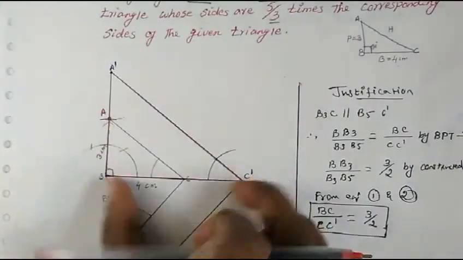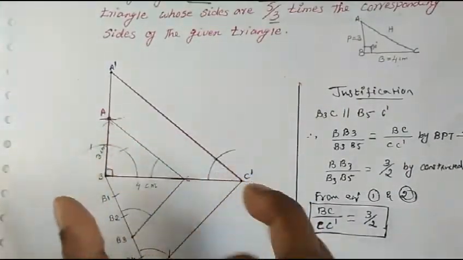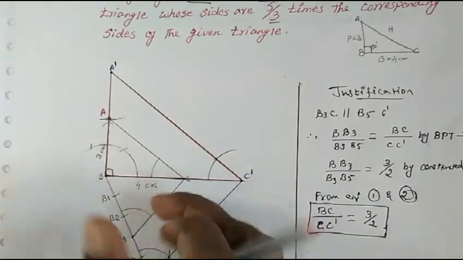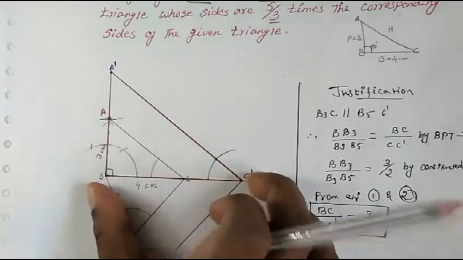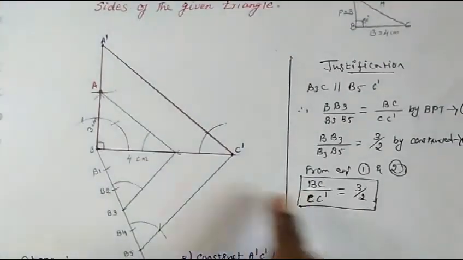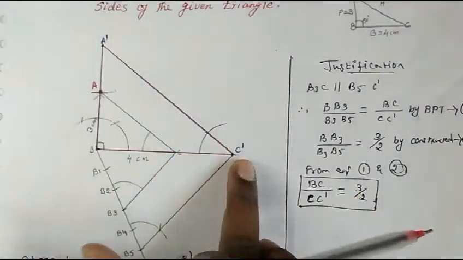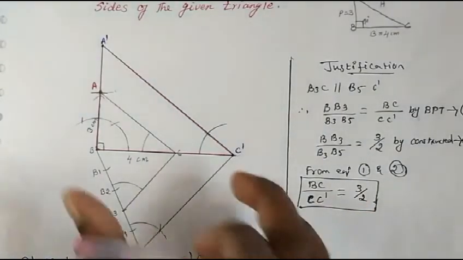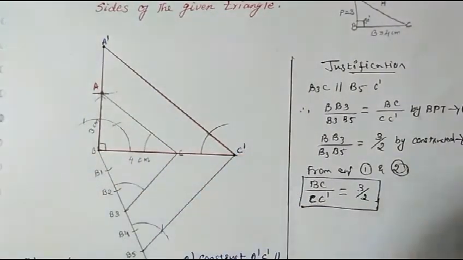This is our original, so this is what we have constructed. So this side upon this side is 5 upon 3 ratio. That's what we have to prove. But here we have written BC upon CC dash is 3 upon 2. This we don't want. So first we will prove this.